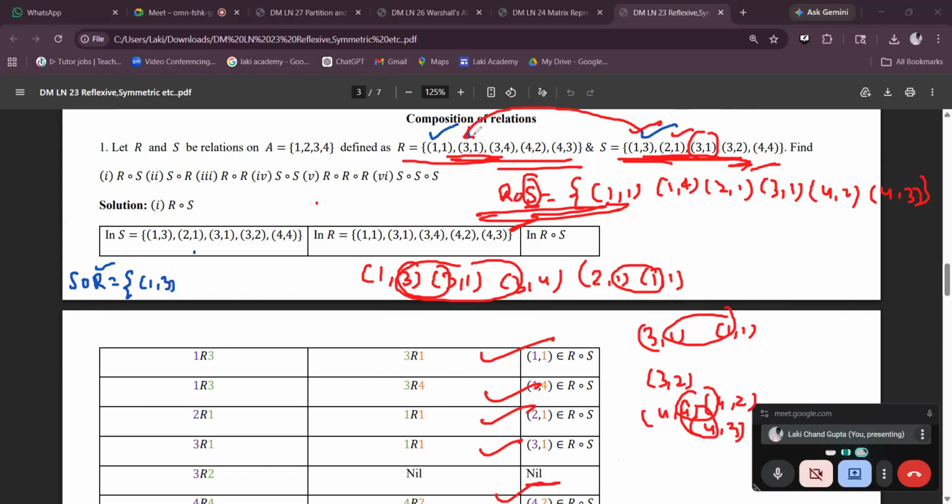Understood? 3 comma 1, 1 comma 3. 3 comma 3, right? 3 comma 4, 4 comma 4. 4 comma 2, 2 comma 1, 4 comma 1. 4 comma 3. 3 has 2 pairs, right? 4 comma 1 is already there. 4 comma 2 is a new pair.